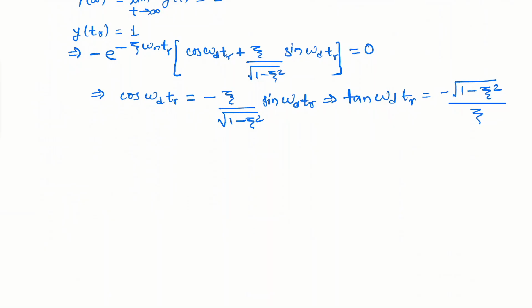So if we take tan inverse, we can write tr as 1 over omega d tan inverse of minus under root 1 minus zeta square over zeta.